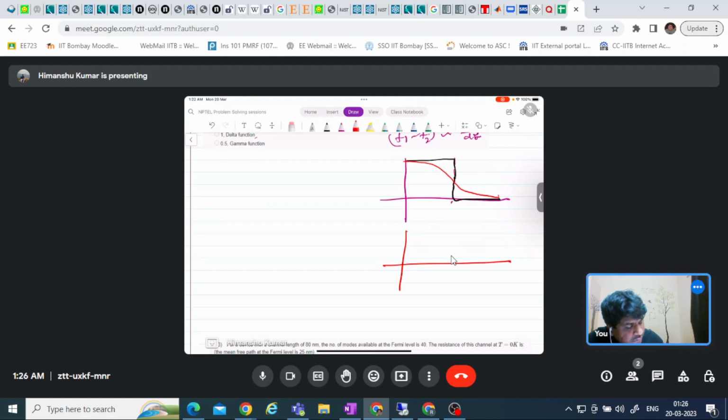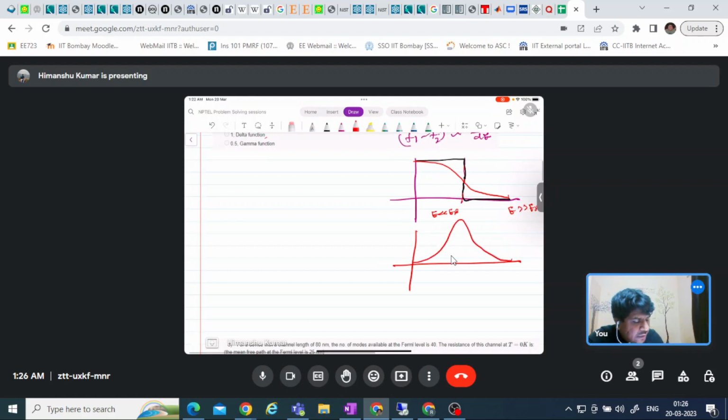At E very much less than EF, the slope will be 0. At E very much greater than EF, the slope will be 0, and in between it will be maximum. So it will be like this.